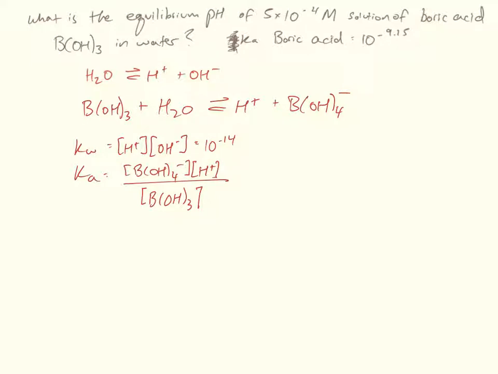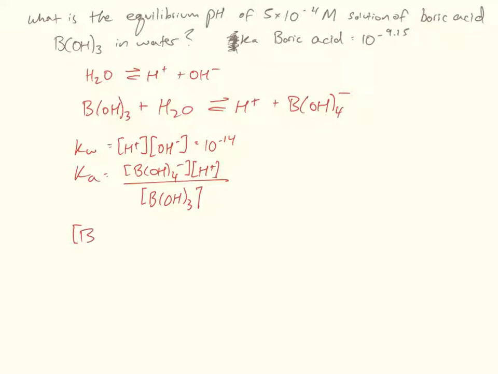Now we're going to write our mass balance equation. We have a 5 times 10 to the negative 4th molar solution of boric acid. What that means is, as some of this boric acid goes to the base, the total amount, 5 times 10 to the negative 4th moles per liter, since 1 mole of this goes to 1 mole of this, the sum of these two species has to equal the concentration, the molarity in the original solution given.